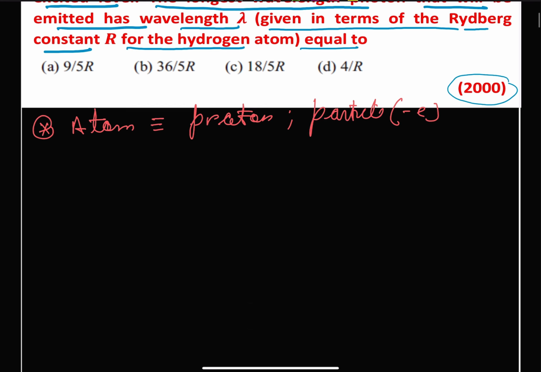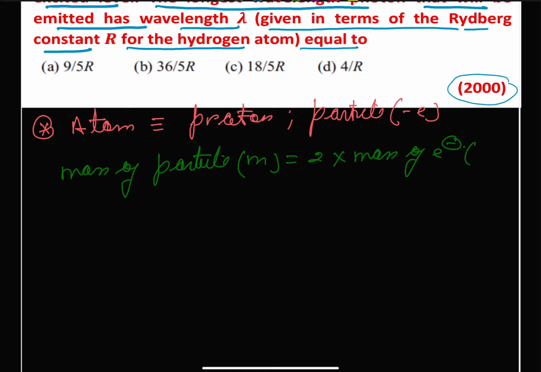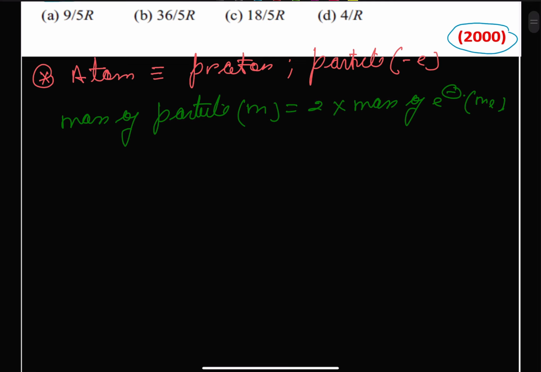And the relationship between the mass is given, that the mass of the particle, let us suppose that is of m, is equal to twice the mass of electron. Mass of electron, let us suppose we call this as me. So from here we can write that the mass of particle will be equal to twice the mass of electron.